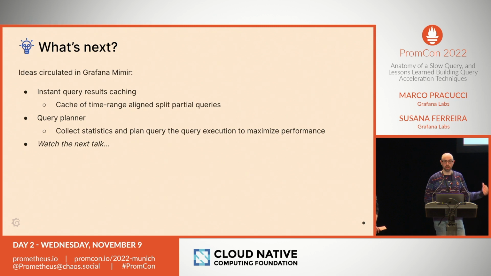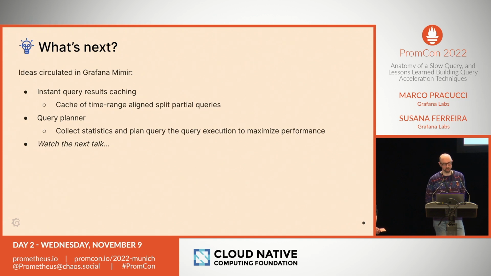I would like to share a couple of ideas that we keep thinking about in Mimir. We think that with the experimental instant query result time splitting, we may be able to cache the result of the partial queries if we align them to time boundaries.